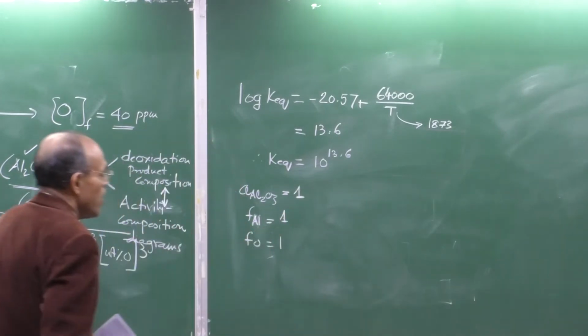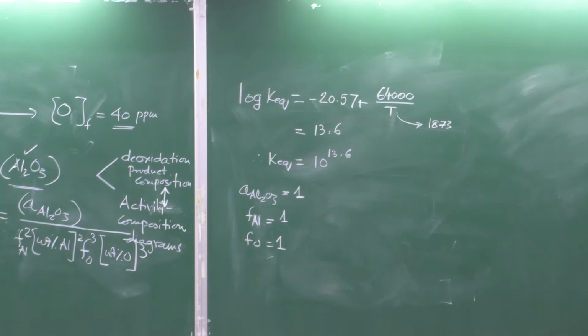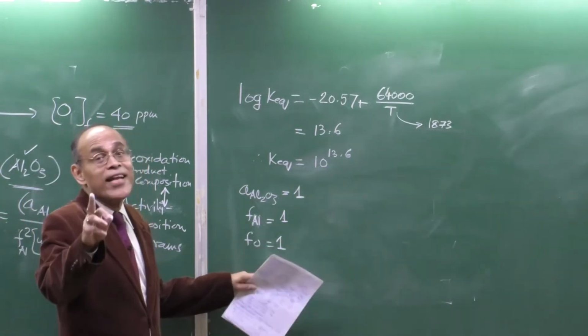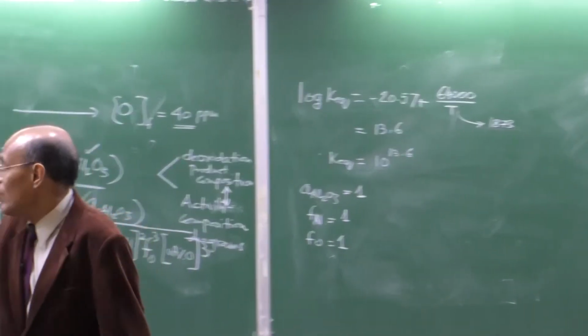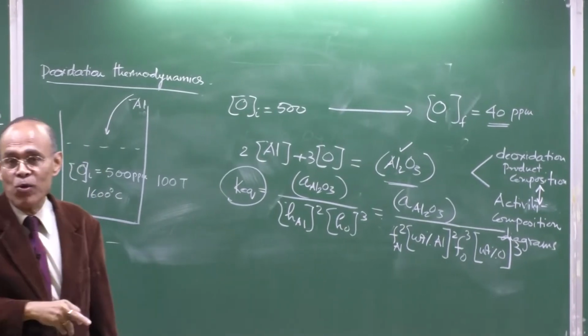This is equal to 1, and this is also equal to 1, to make my life simple. Otherwise it will be said that you should calculate the total aluminum requirement as accurately as possible.